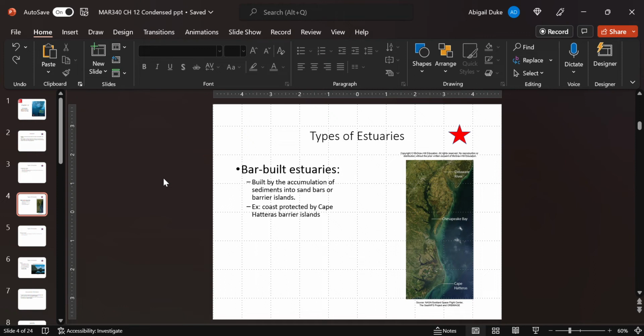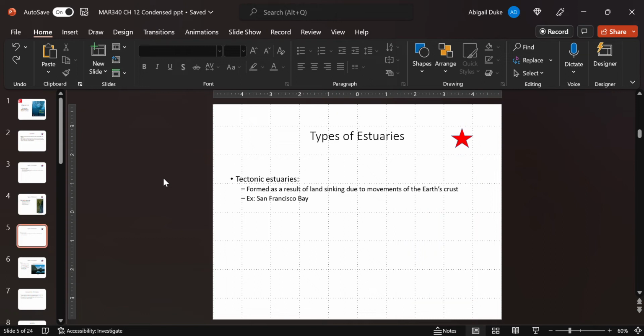The description says two types of estuaries are found along the eastern coast of the United States. Chesapeake Bay and the mouth of the Delaware River are drowned river valley estuaries. The Cape Hatteras Island is a bar-built estuary.